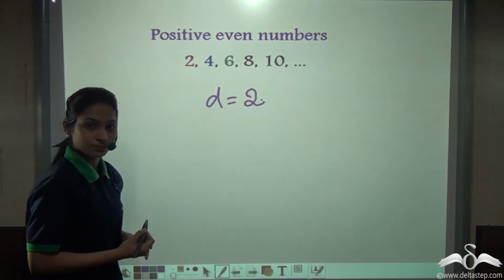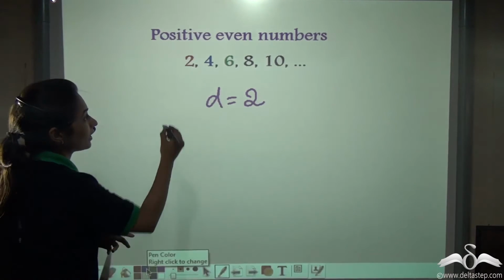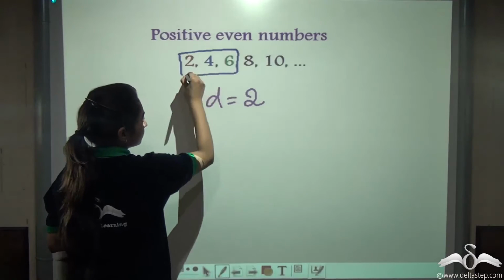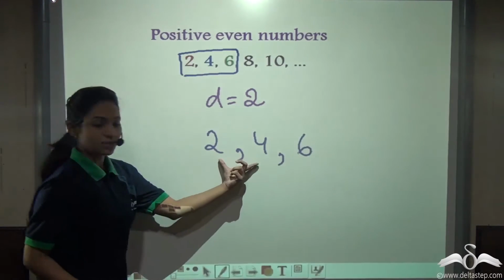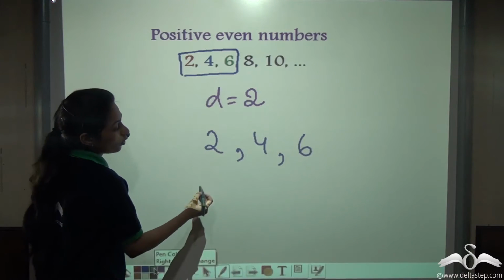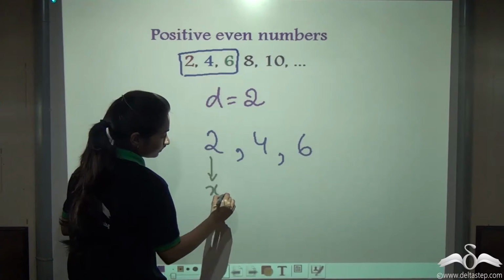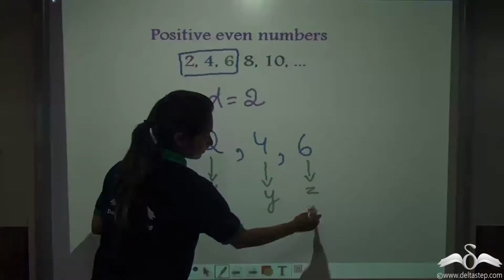Now suppose, let me take 3 numbers out of this. 2, 4 and 6. These 3 numbers are in AP. Let me denote this number, say as x, this as y, and this as z.